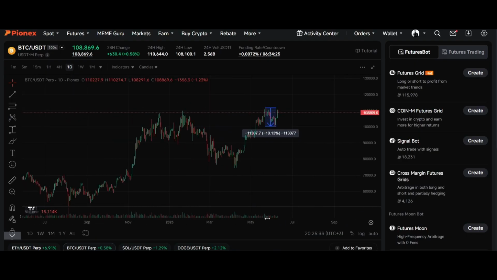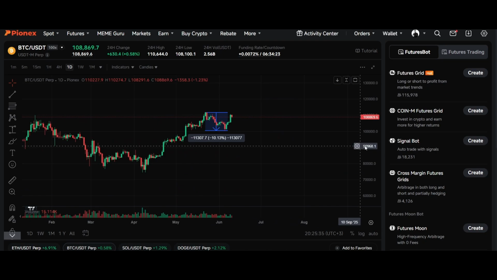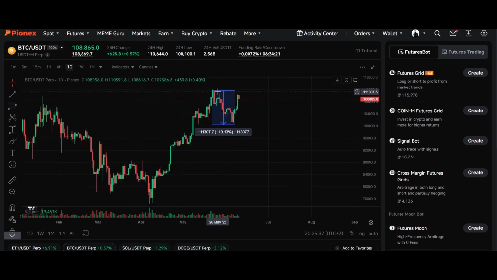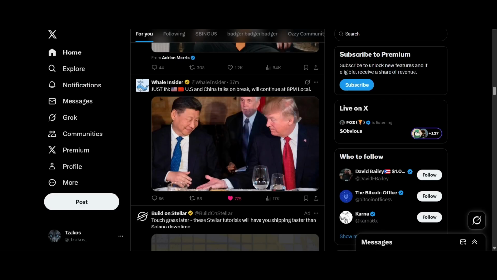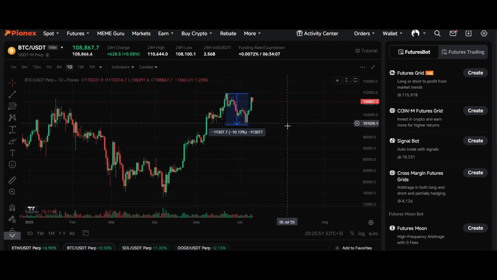So what actually happened in the last days since we had this big pullback of 10%? We had Elon Musk and President Trump fighting each other over VIX. This caused a lot of panic to the markets, and that's why we had this big pullback.